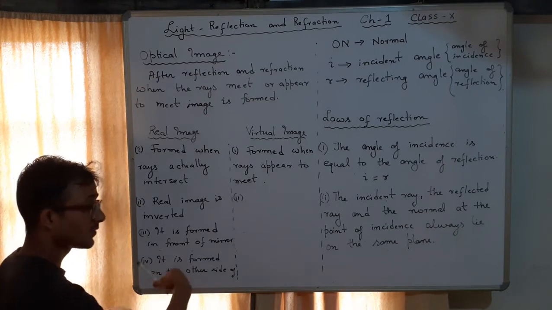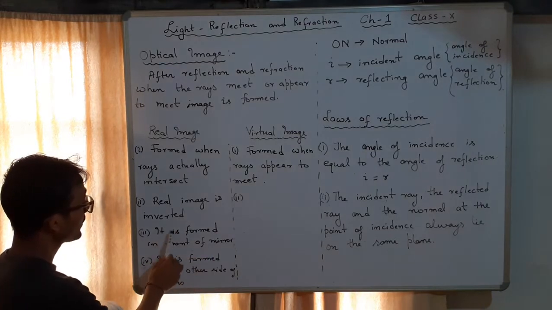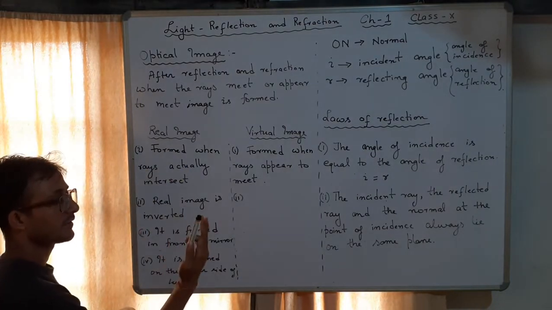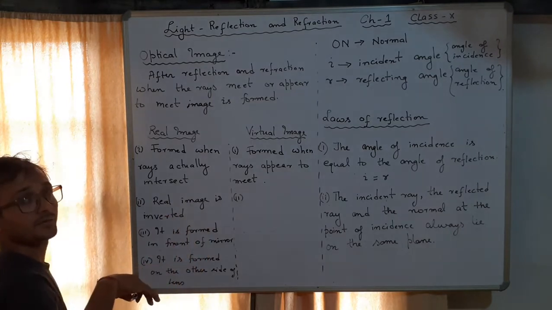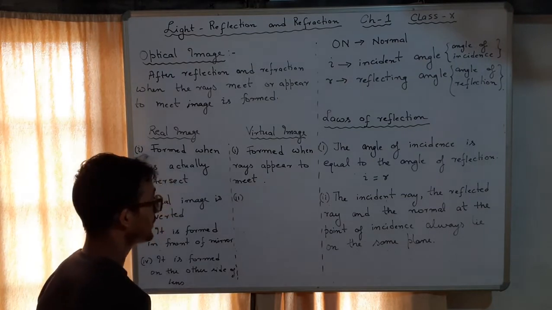These are the differences. If it is a lens, the object is here, and the image will be on that side of the lens. It is formed in front of the mirror. If this is a real image, the image also will be coming on this side, not inside the mirror. We'll come to know slowly how it is done.